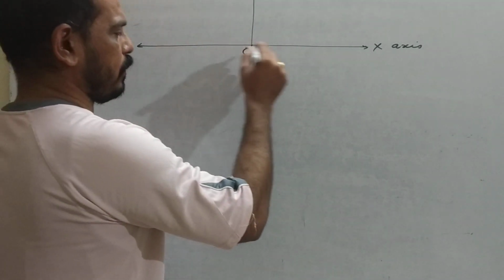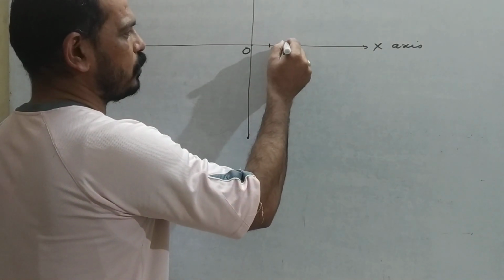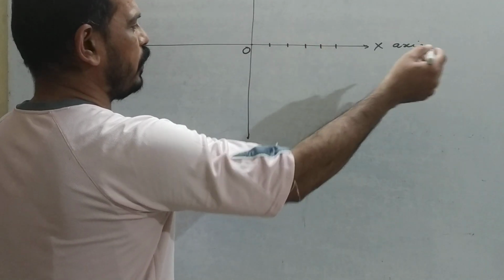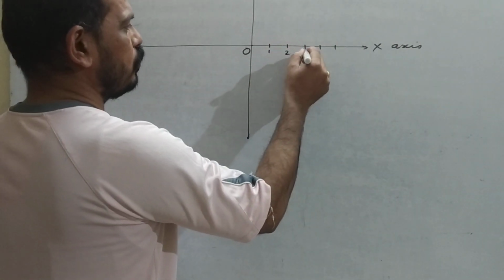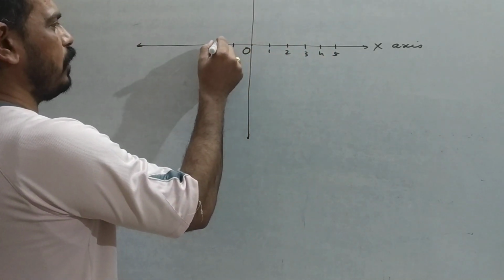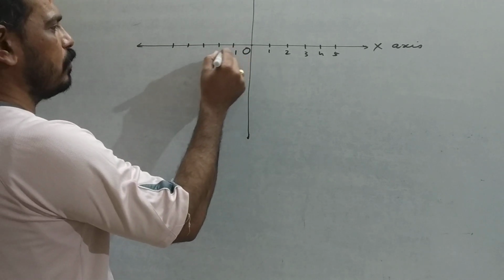This is a number line, a horizontal number line. On this side there is positive 1, 2, 3, 4, 5, going on to infinity. Here also there is infinity, 1, 2, 3, 4, 5. It will go on.